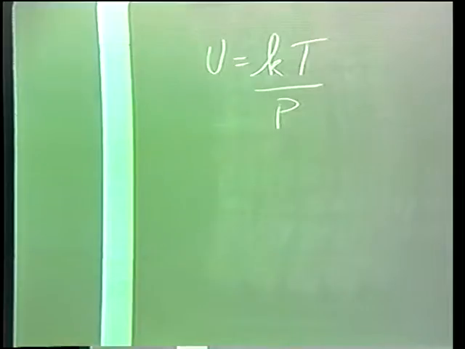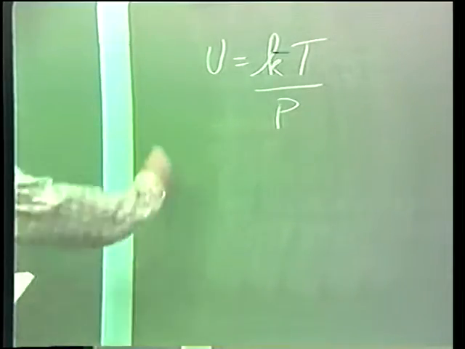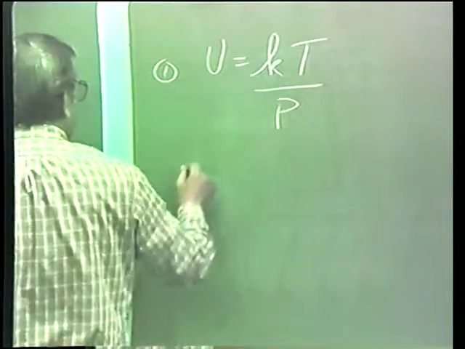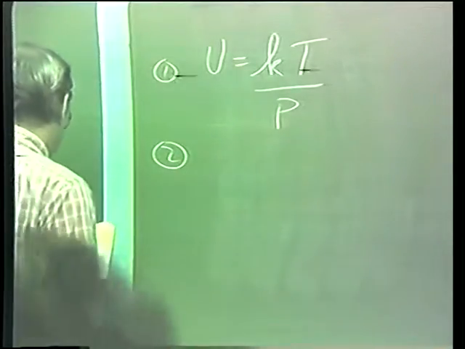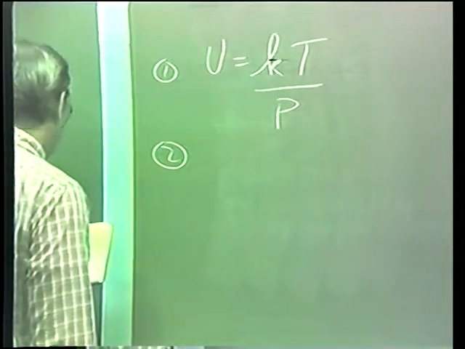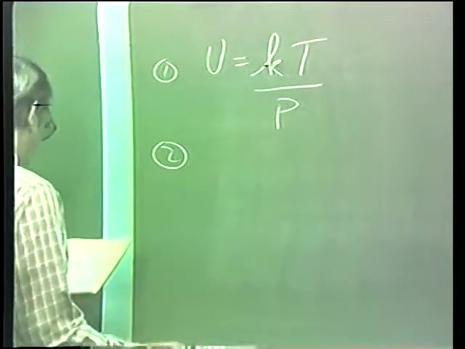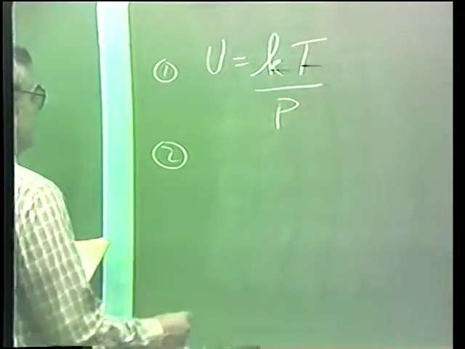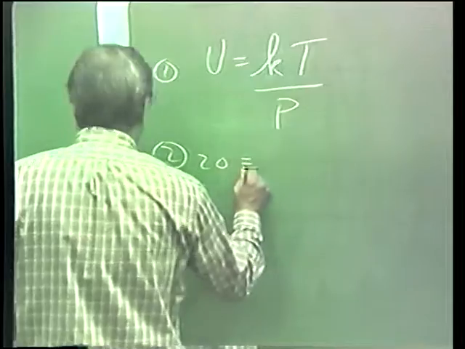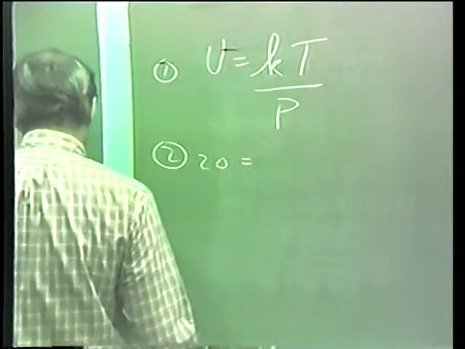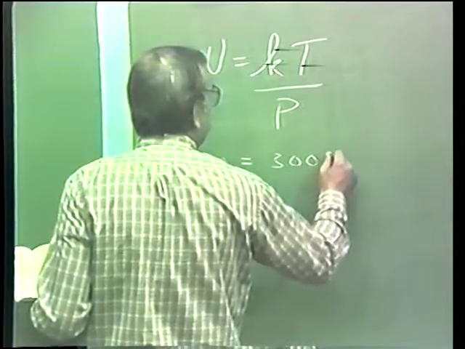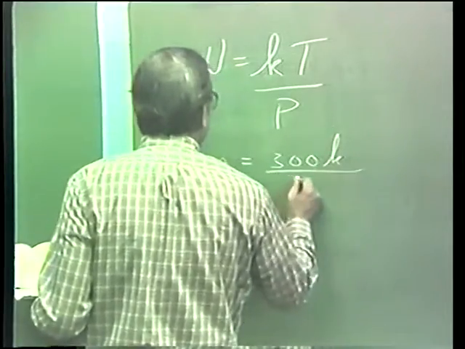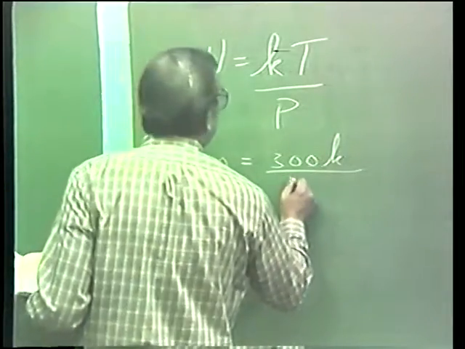Now, once we have the formula, our job is to determine the value of K. Well, we have enough information. A gas occupies 20 cubic feet. That's its volume. When the temperature is 300 and the pressure is 30.